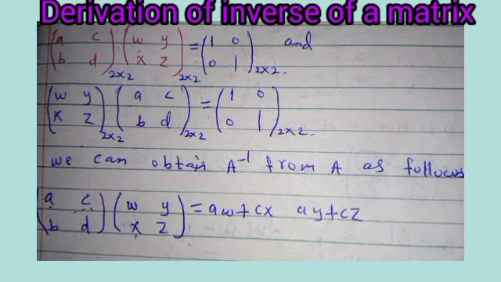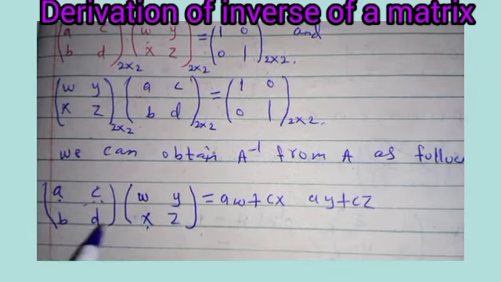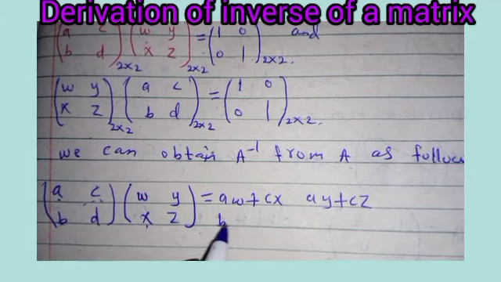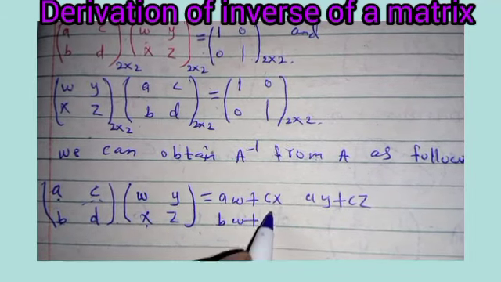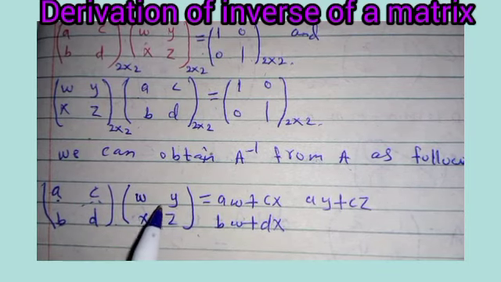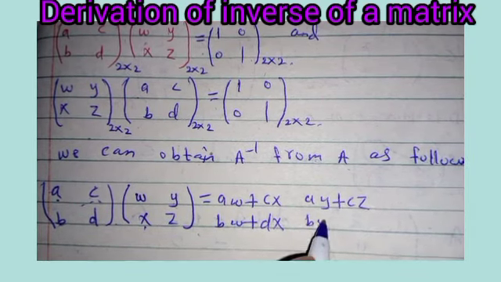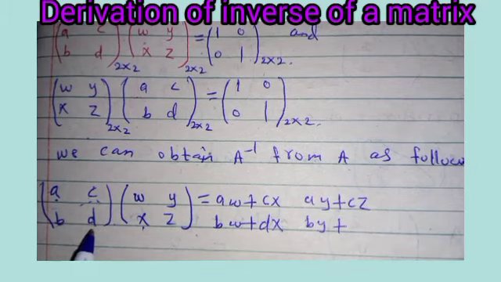Then you go to the second row, you have BW plus DX, then BY plus DZ.